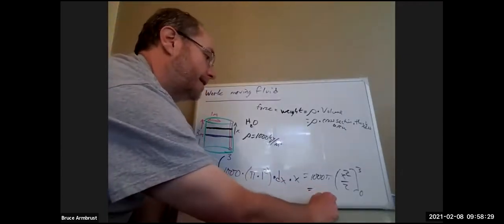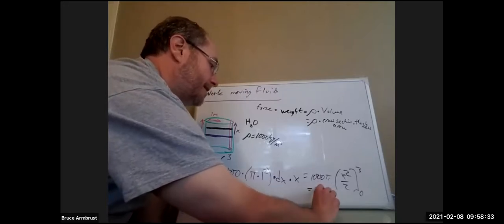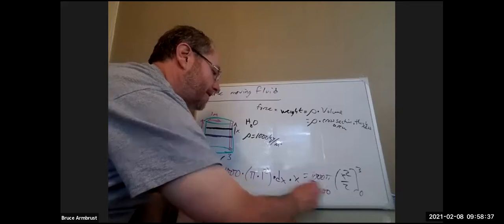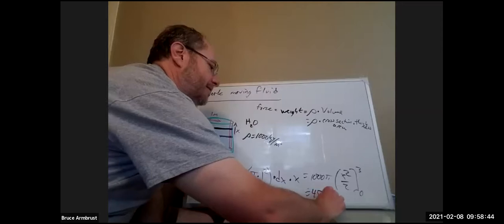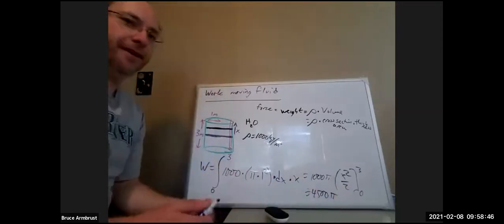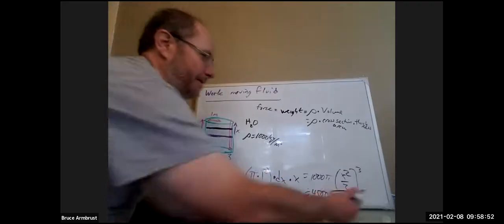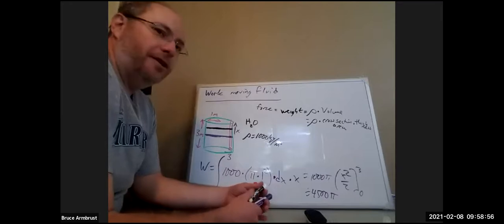Divided by 2 is 5 times 9. Should be 4,500 pi. We could use our calculator to get this value, but I'm just going to call it 4,500 pi. And the units on this, just so everybody knows, are joules.